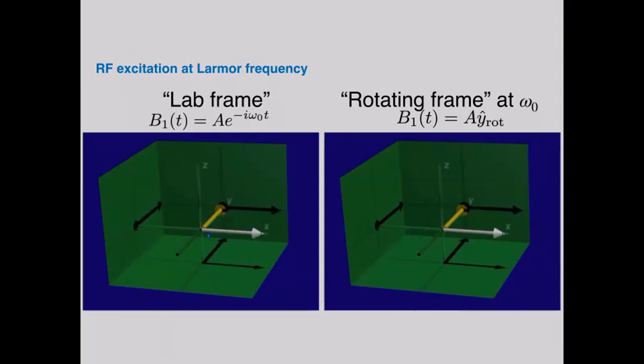In the same way, if I apply a B1 field not at the Larmor frequency, then it's not going to efficiently perturb the magnetization. The only way to efficiently perturb the magnetization is applying a radio frequency at the Larmor frequency exactly. That would be the most efficient way, and then it would just be a rotation. Any questions?